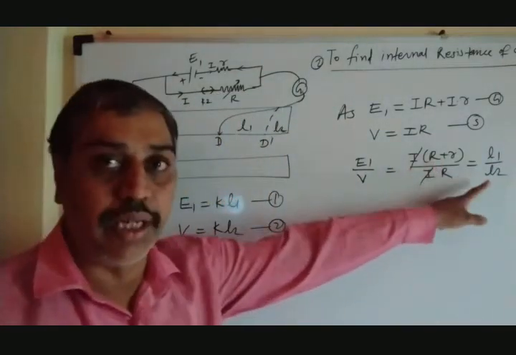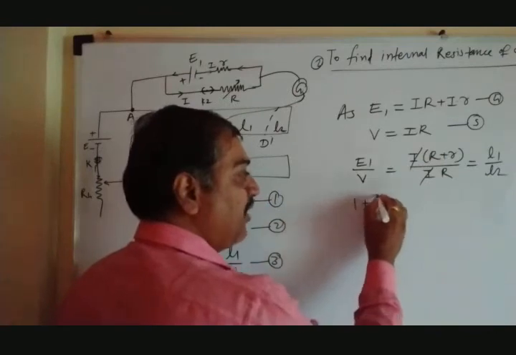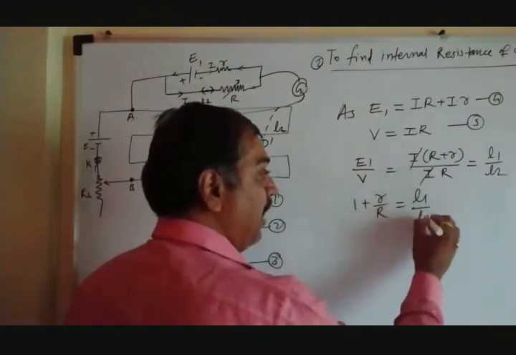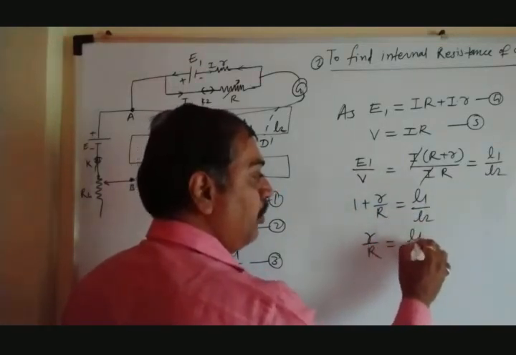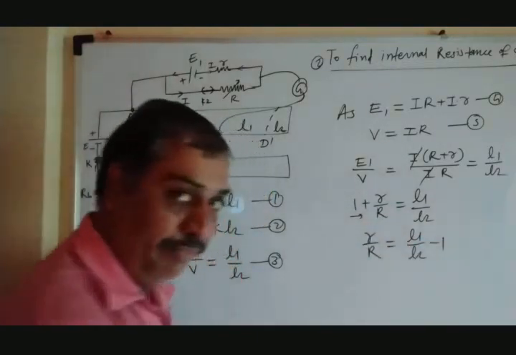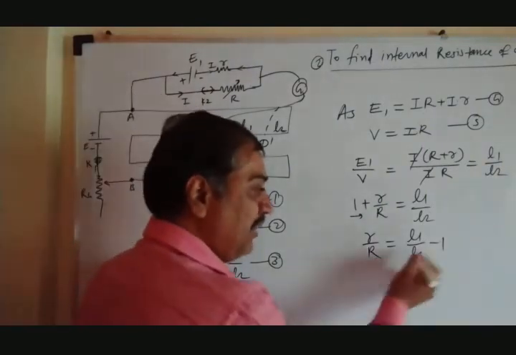Further solve these two terms. You can write R divided by R is 1, plus small r by capital R equal to L1 by L2. Move this 1 to that side, it becomes minus 1. L1 by L2 minus 1. And multiply this R here.